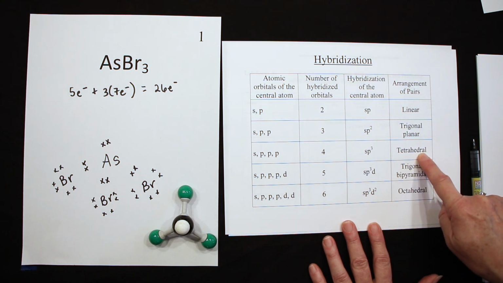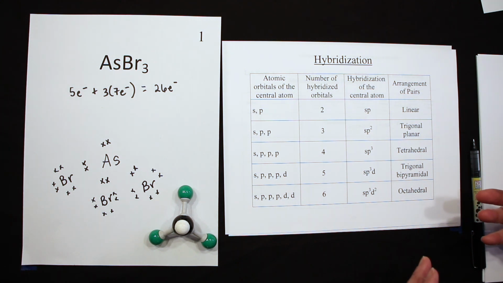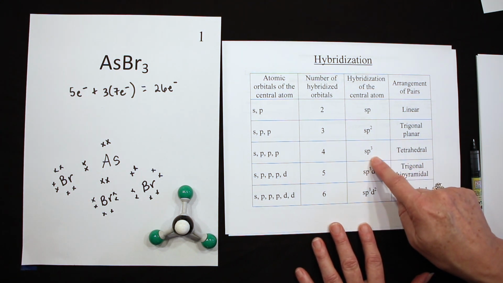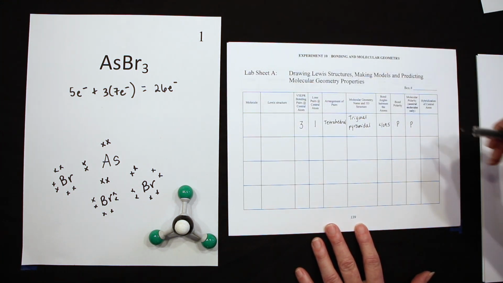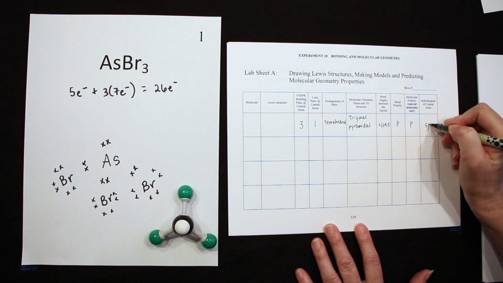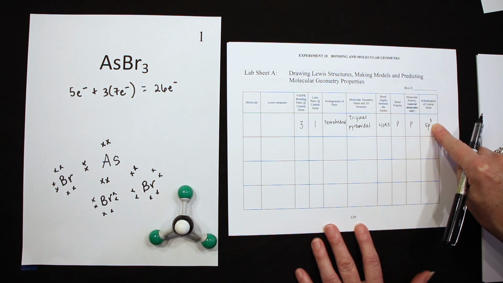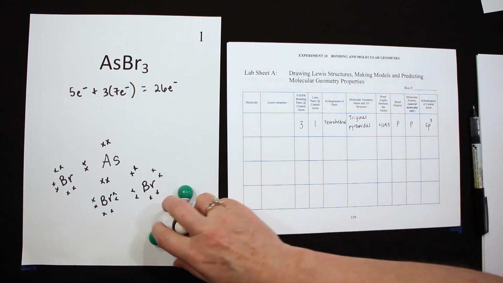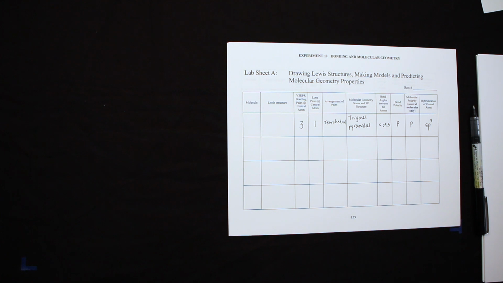All tetrahedral molecules, no matter what combination of lone pair and bonding pairs they have, will always be sp3. And be sure you write that 3 as a superscript. Okay, let's move on to our next molecule.